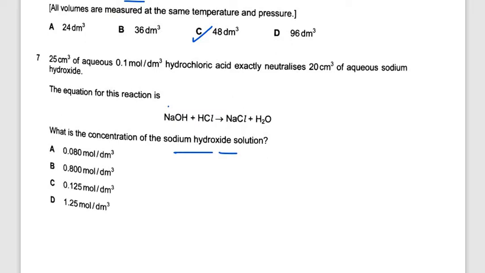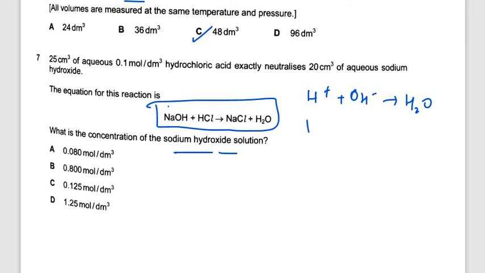It means what? Water is forming. How will water form? H plus from the acid and OH minus from the base, and then there will be water. It means for a neutralization reaction, I need 1 mole of hydrogen ion and 1 mole of hydroxide ion, and then I'll get 1 mole of water. So what is the concentration of sodium hydroxide? That we need to figure out.